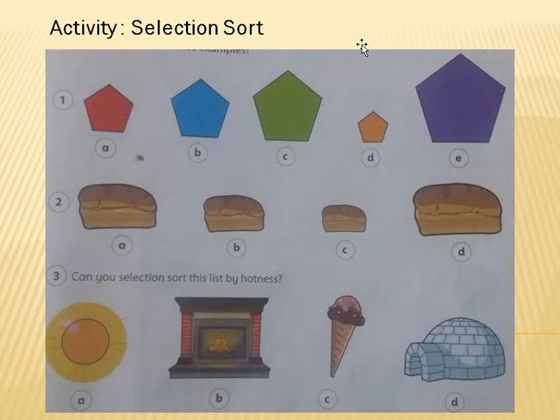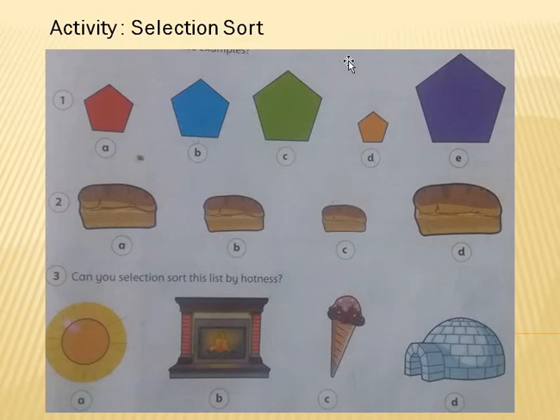Let me give you a simple idea. What you would do is find the biggest item in this list. So what is the biggest item? E is the biggest item, and then C is the next.